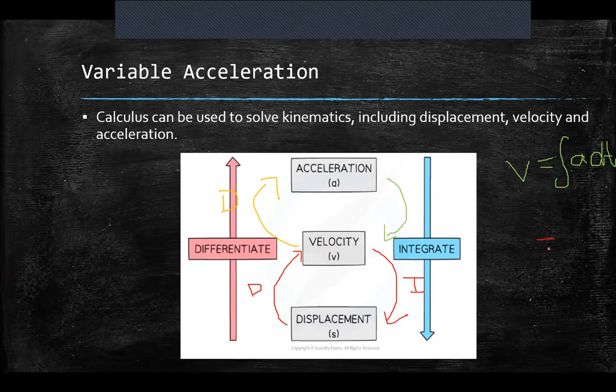Therefore, I want s, I'm given v. How do I do that? I integrate. So it's the integral of v dt with respect to time. You good with that, right?